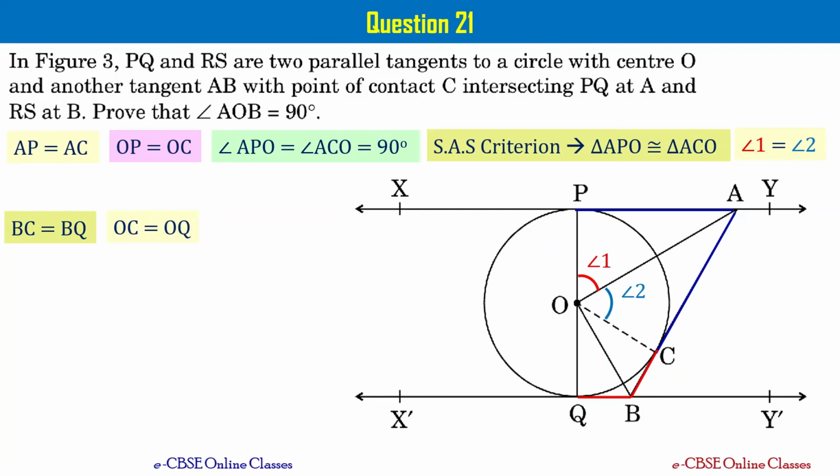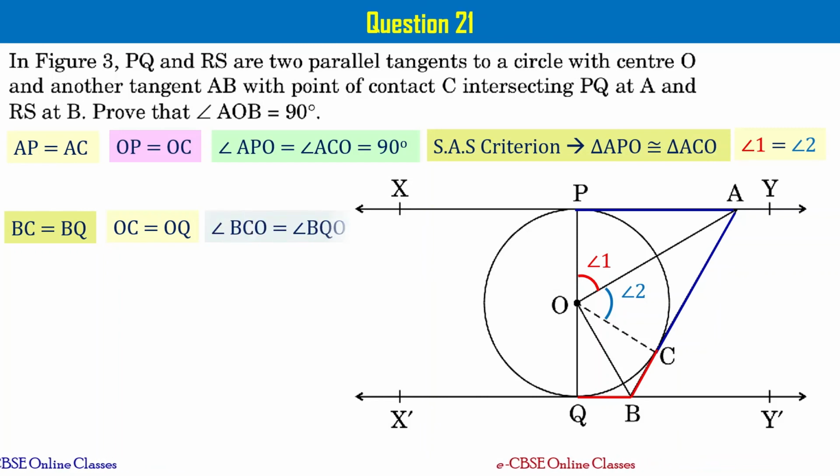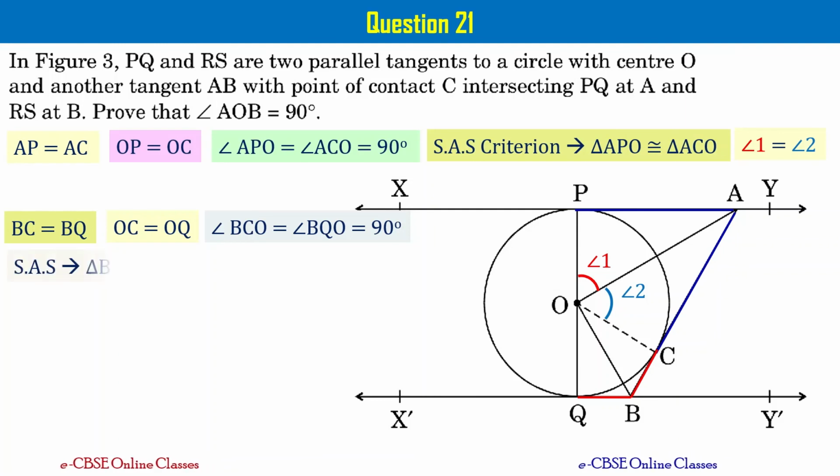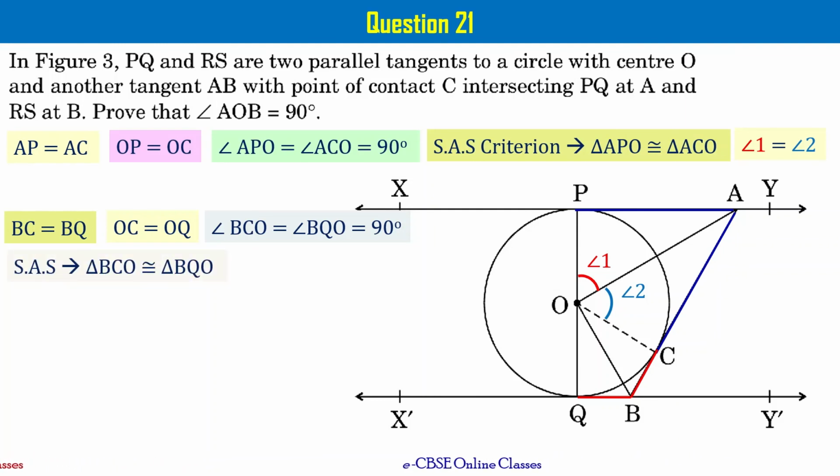So those two are also equal. And from the figure, you can say that angle BCO equal to angle BQO equal to 90 degrees. So now you can apply SAS criterion of congruency here also, so that you can say that triangle BCO and triangle BQO are congruent triangles. It means that corresponding angles of these two triangles are also equal, right?